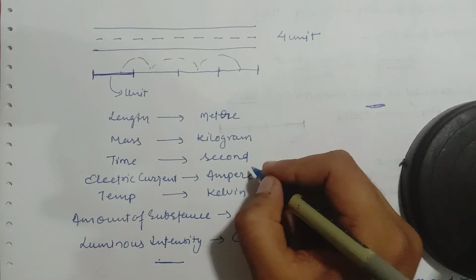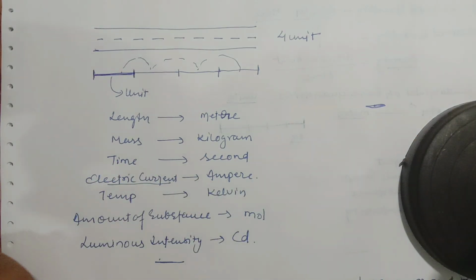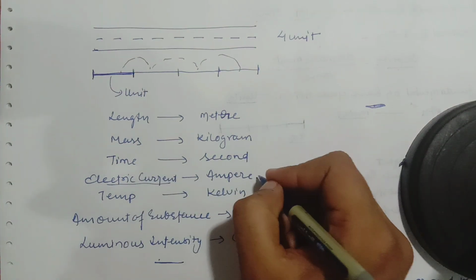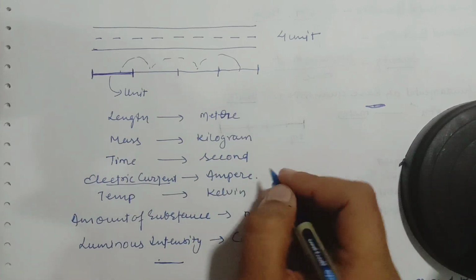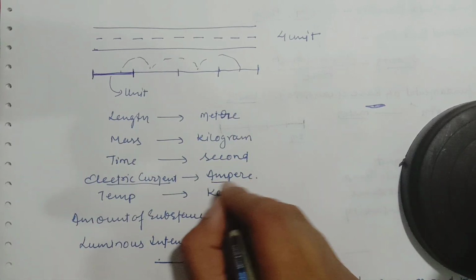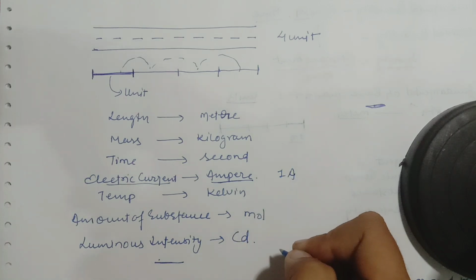Now what do these units represent? Let us take electric current. Any type of electric current in the universe is going to be a multiple of this quantity, 1 ampere.